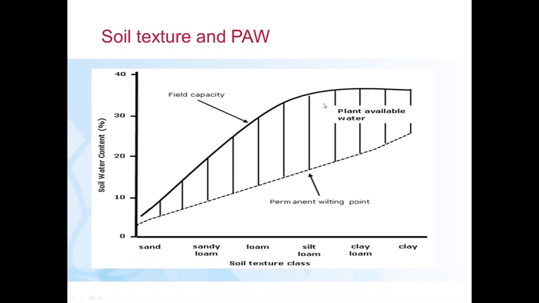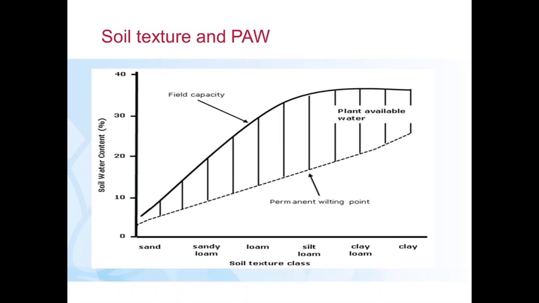You hold more water within those soils, but because it's a coarser texture, it's easier for plants to extract water at lower water contents, because the pores are bigger, and the soil water potential, or the energy required from the plants to extract that water, is lower.